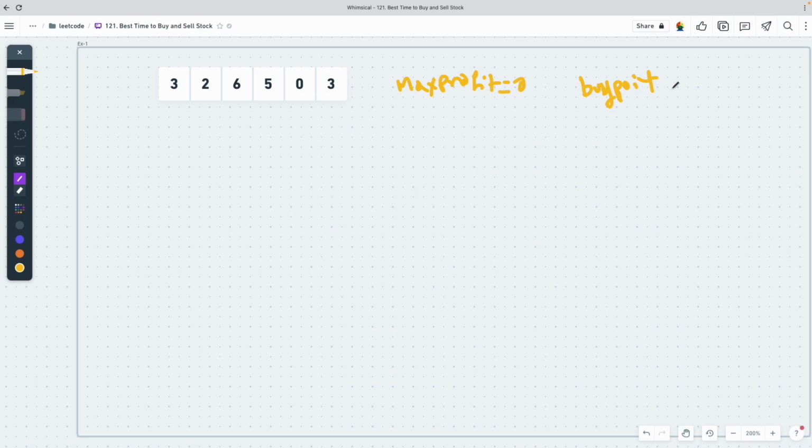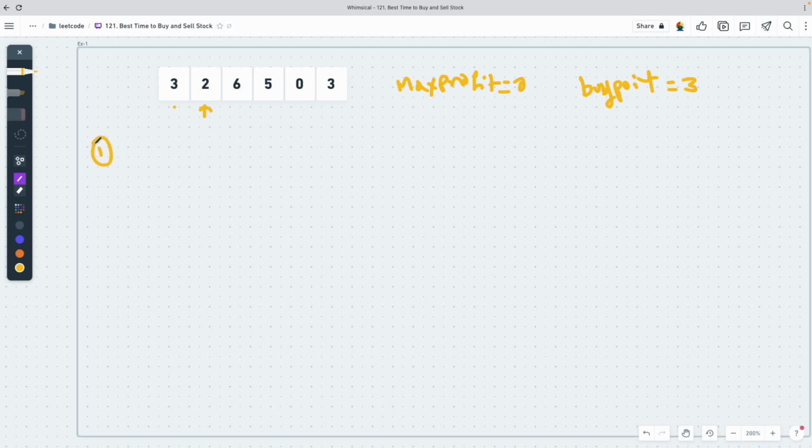So initially, let's consider our buy point to be array of 0, which is 3.